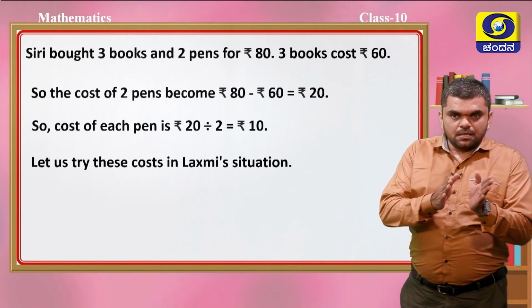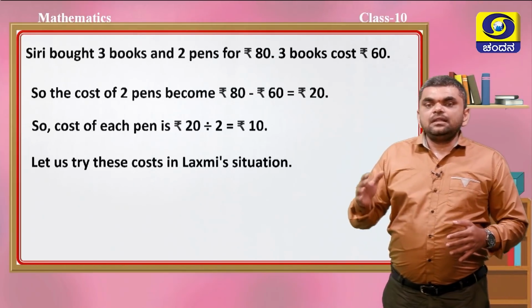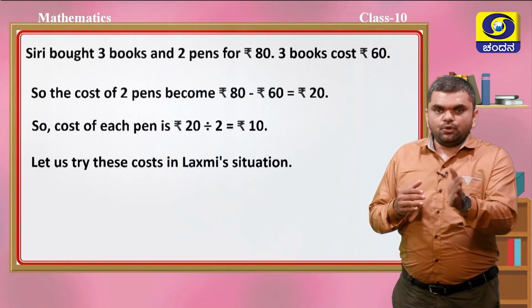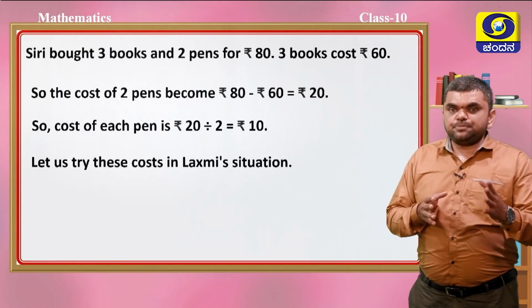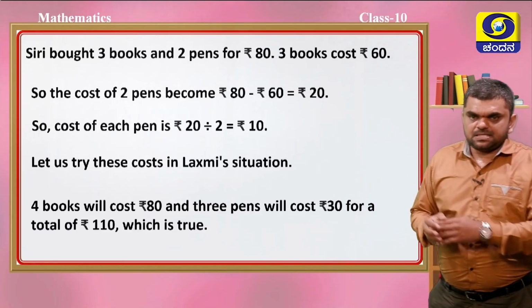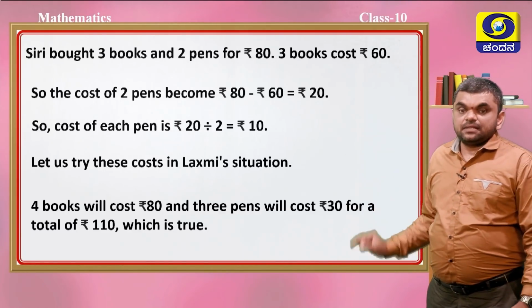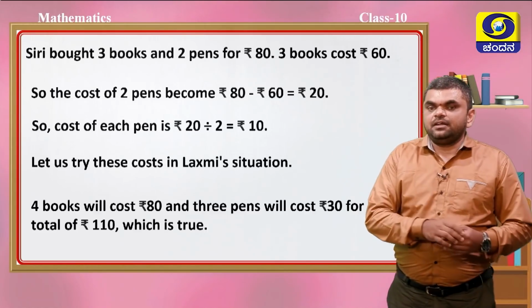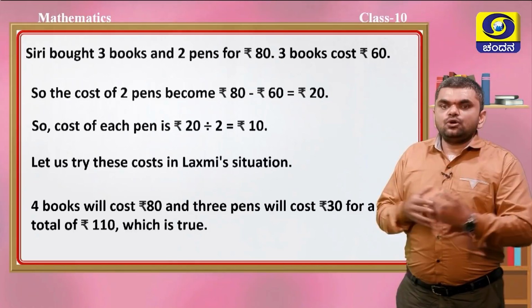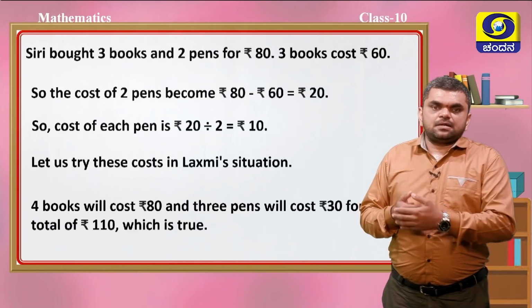Let us do this activity in Lakshmi's situation. Lakshmi bought 4 books which cost 80 rupees and 3 pens which cost 30 rupees, equally 110. Both are true in this case. Then we can easily conclude the cost of a pen and the cost of a book here.